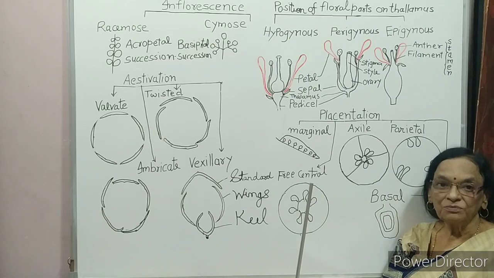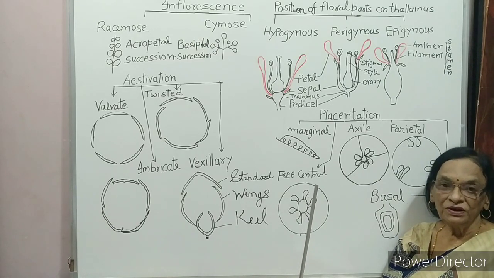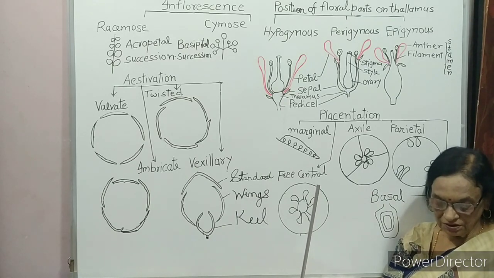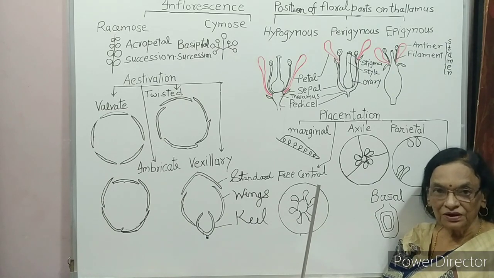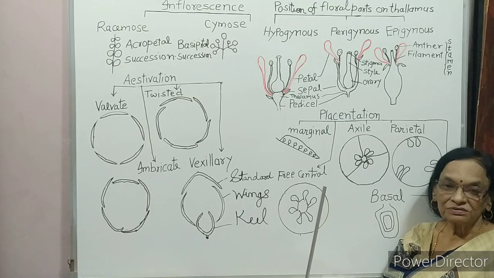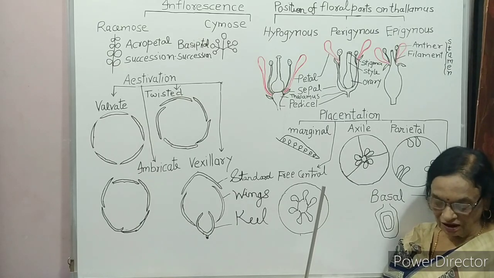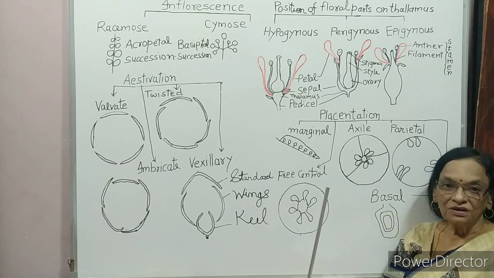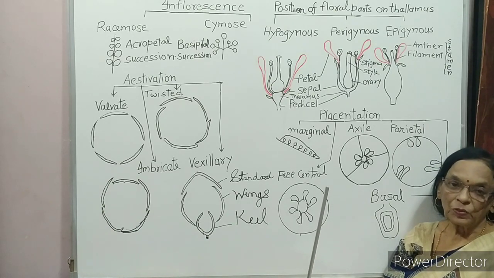If many carpel are present, the ovary is called polycarpellary. If the carpel are free, the ovary is called apocarpous, and if the carpel are fused, the ovary is called syncarpous.